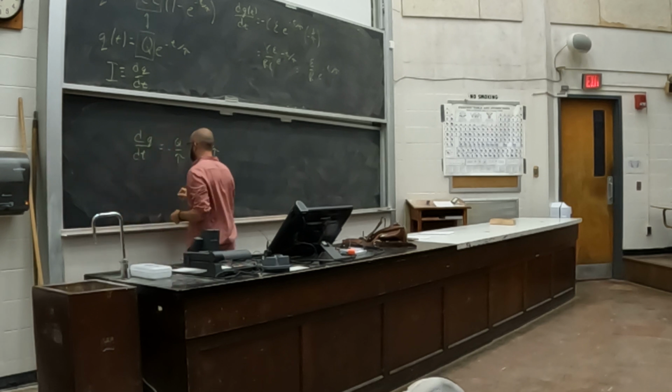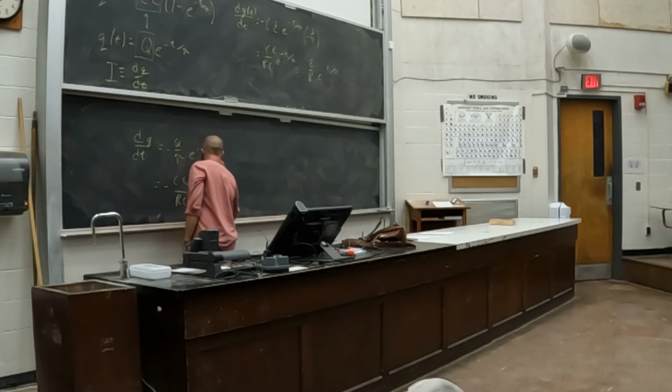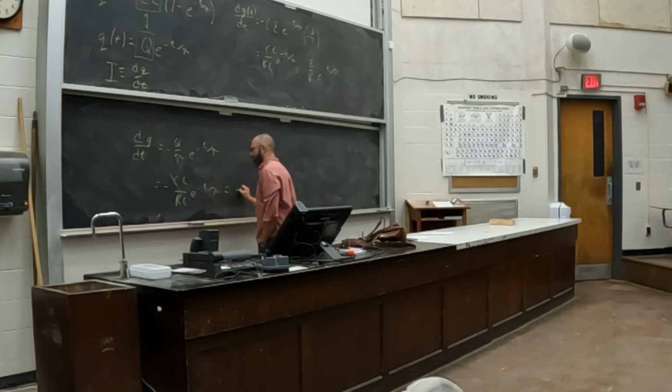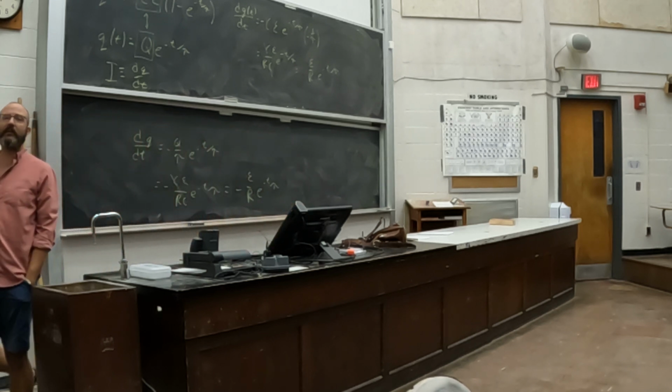That might be helpful if I put that in. And then tau is still RC. As I again lose the C's, I get EMF over R, e to the minus t over tau, which is almost the same thing as I got a while ago. What's the difference?